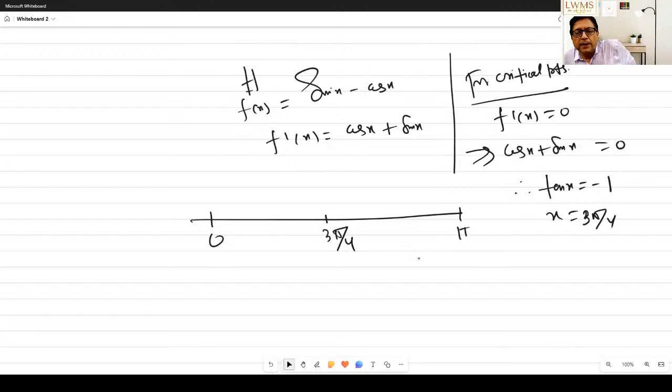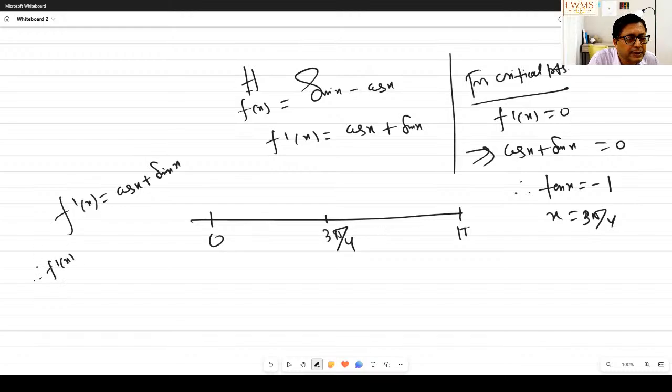Okay. Now decide where it is positive and where it is negative. How to? That f dash x, what have you got? It is cos x plus sin x. To determine the sign, it is better you express it in terms of one sine or one cosine. How to? You multiply and divide by root 2.